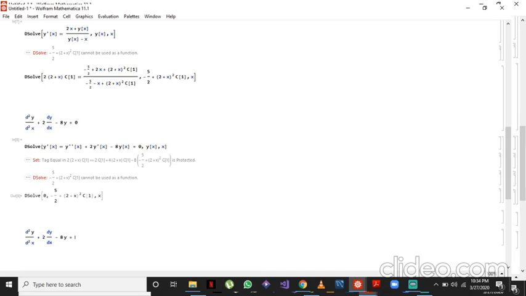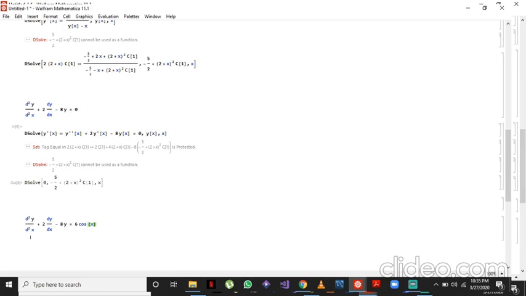However, let me make a quick change to it and write 6 cos x in brackets, so that there is a slight change in the equation.